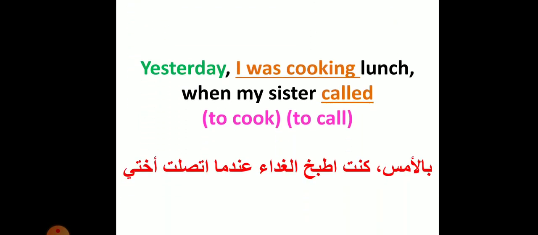Yesterday I was cooking lunch when my sister called. Yesterday is the time expression. I was cooking is verb to cook in the past continuous. Called is verb to call in the simple past. The interruption is conjugated in the simple past.